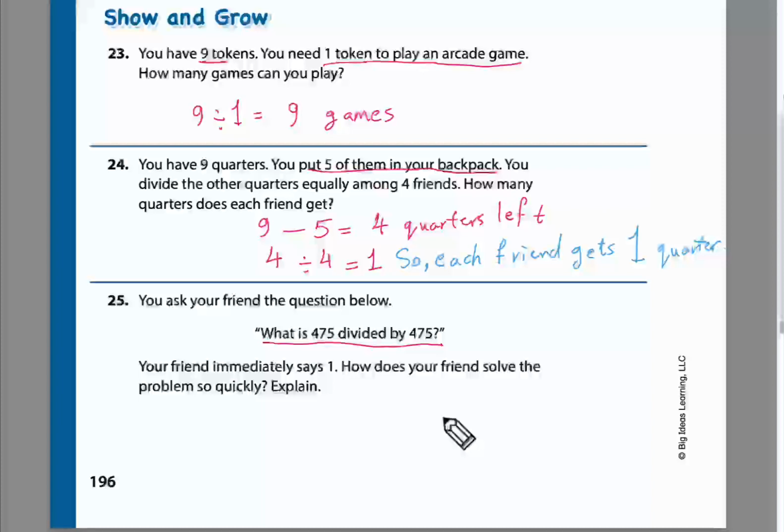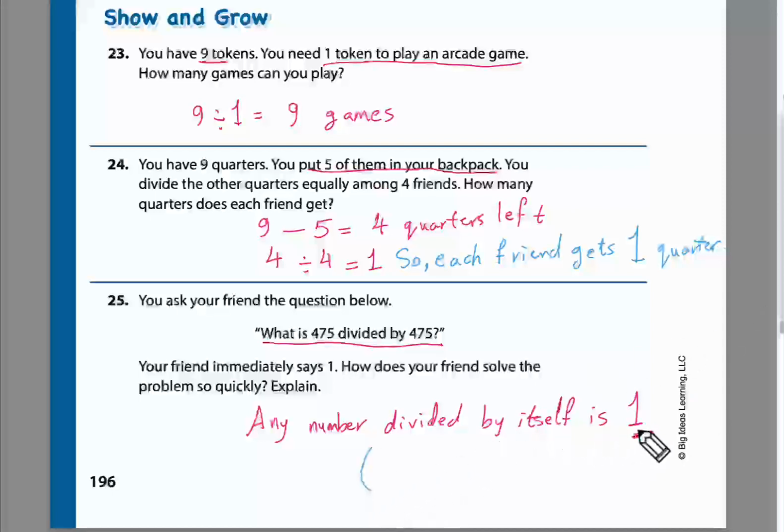Excellent. And this is a good reason, because here we can see that this is a rule. Any number divided by itself is 1.